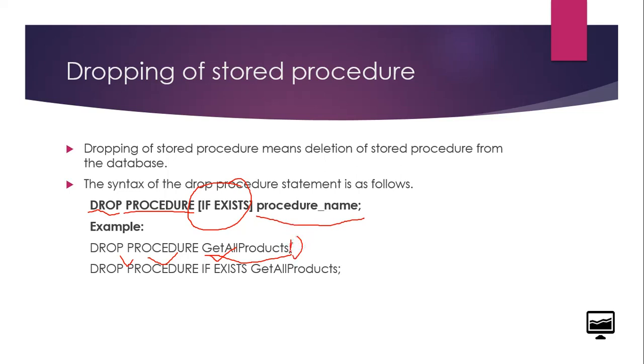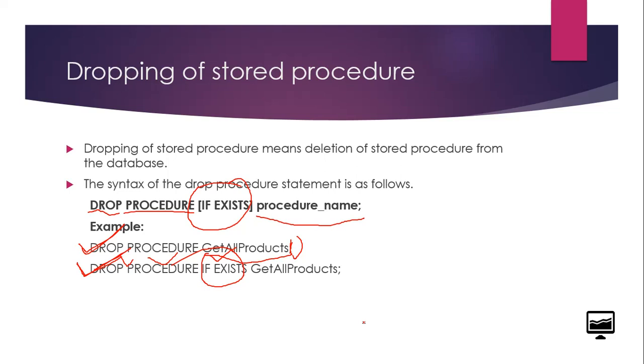No need to write brackets. You can write this statement like this also. The difference between both these statements is IF EXISTS, and I will explain the difference with an example.